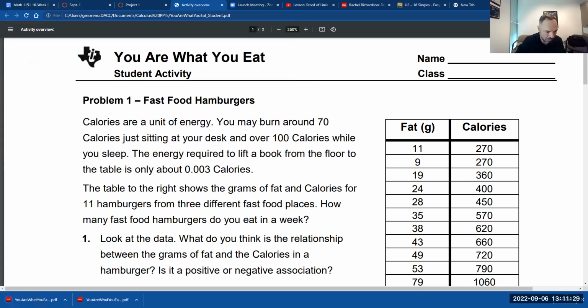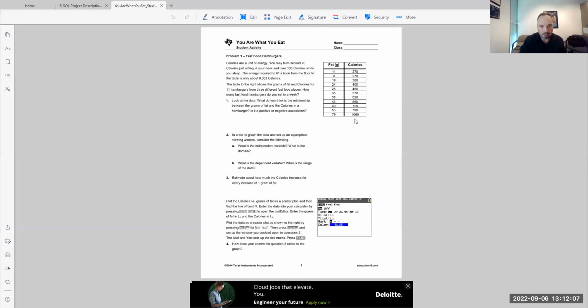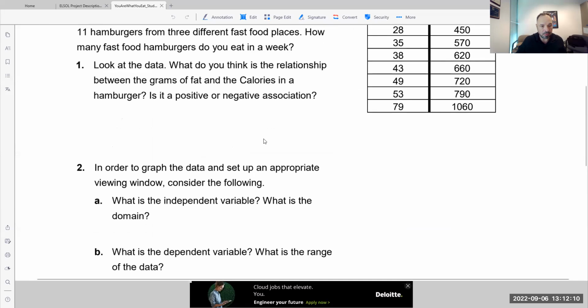Hopefully I can find it and share it with you. Let me first find it. Okay, good. I'm going to open it so that I can potentially annotate it. Now let me just share the right thing with you. Okay, all right, so here it is. I don't know if this is going to allow me to write.